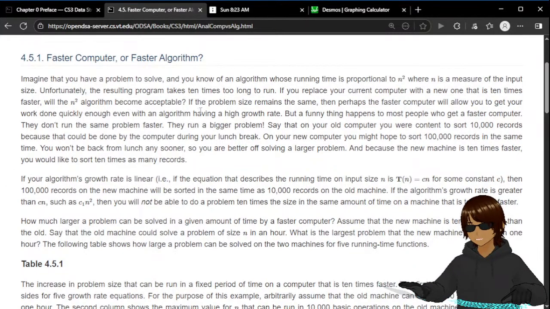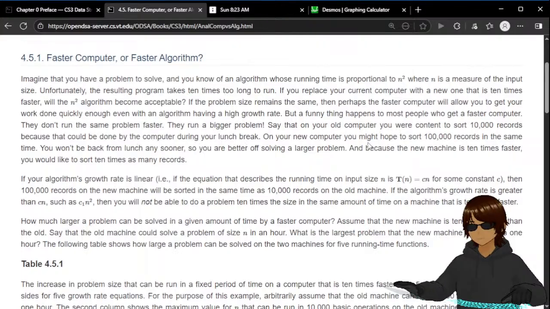even when an algorithm has a high growth rate. But a funny thing happens to most people who get a faster computer. They don't run the same problem faster, they run a bigger problem. Say that on your old computer you were content to sort 1000 records because that could be done by the computer during your lunch break.